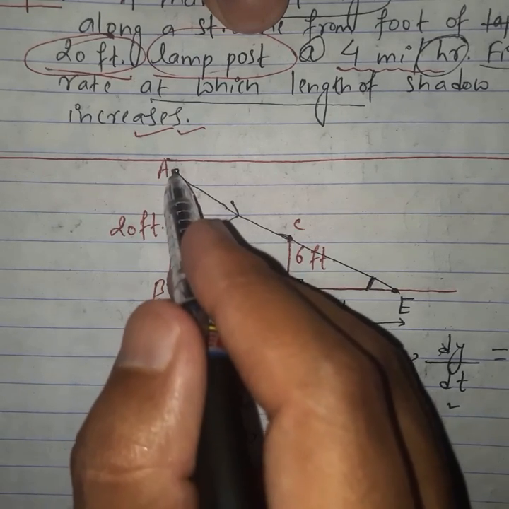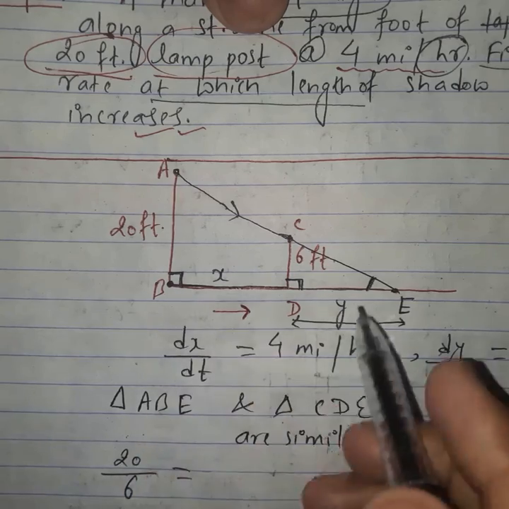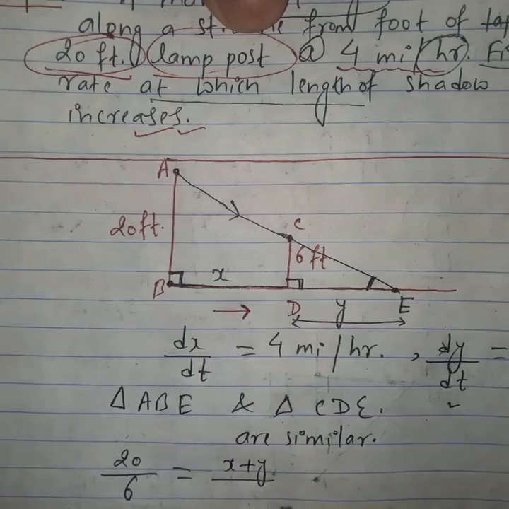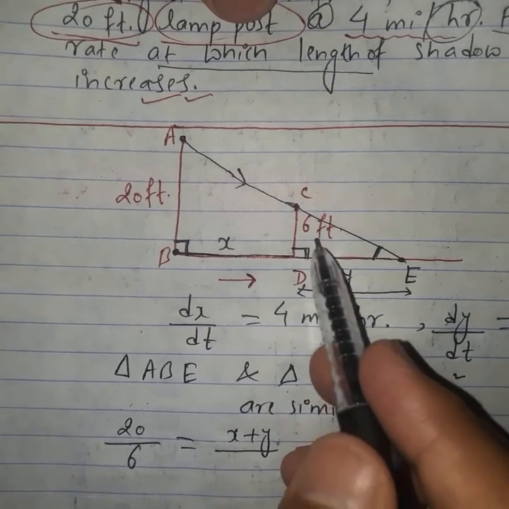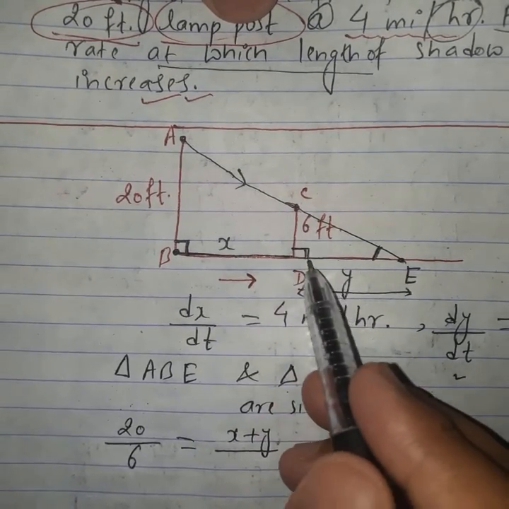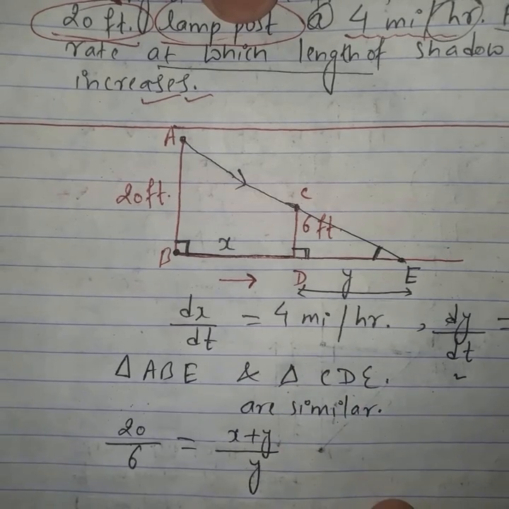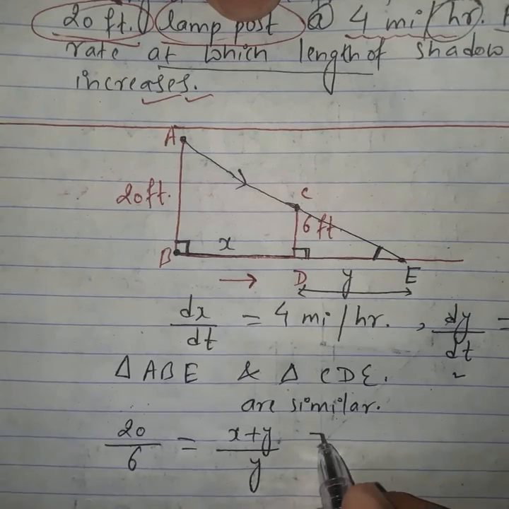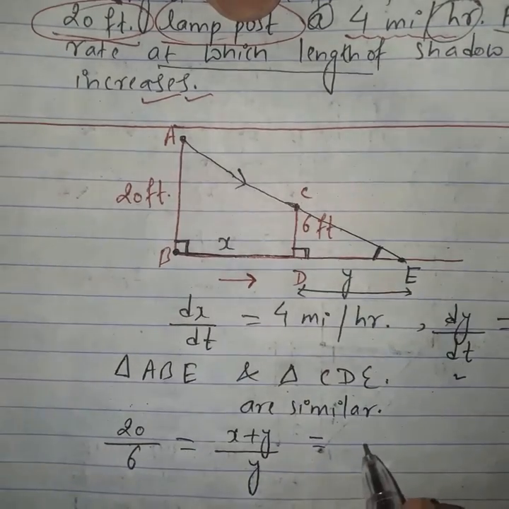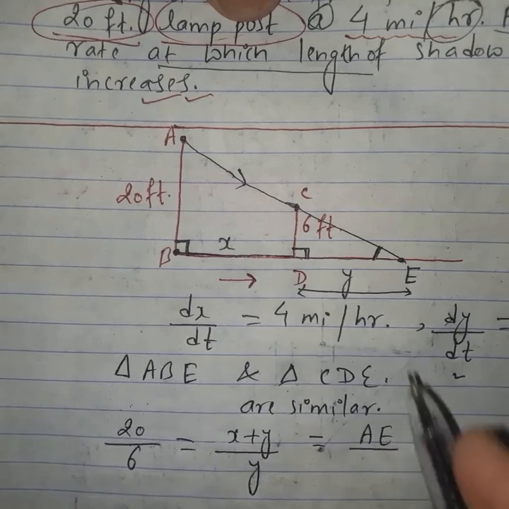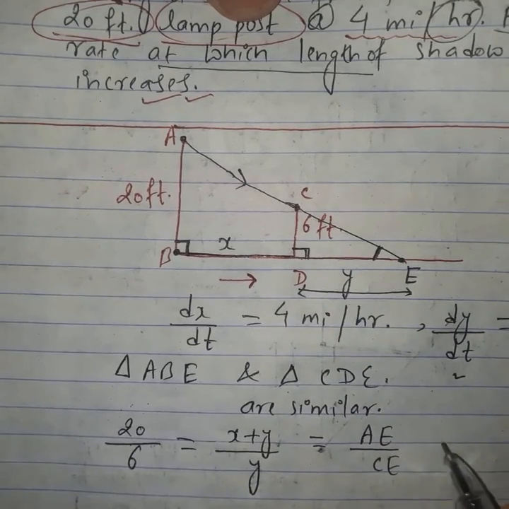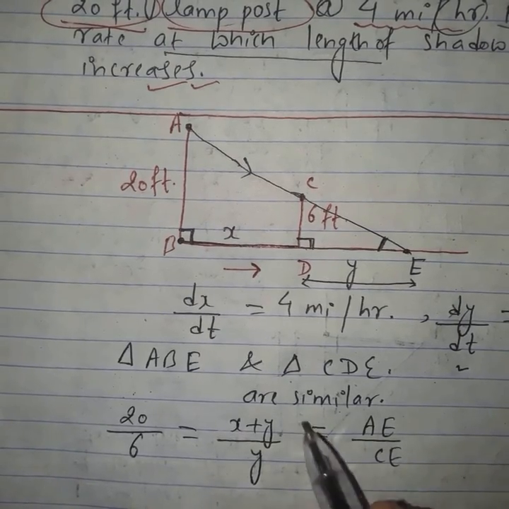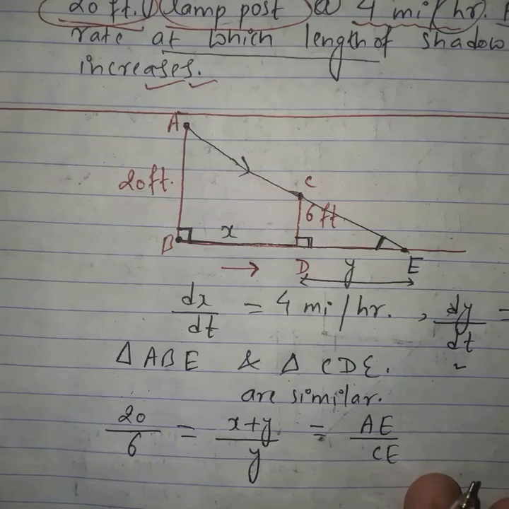In the large triangle ABE, the base is x plus y, divided by the base side of the small triangle CDE, which is y. The ratio of the corresponding sides should be the same. Similarly, side AE over CE should be the same ratio, by the concept of the similarity of triangles.